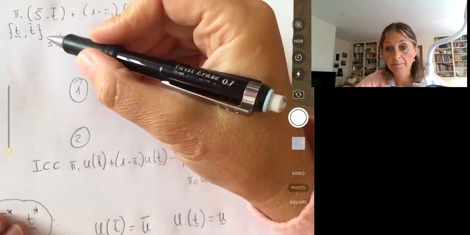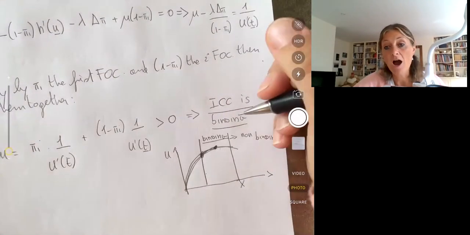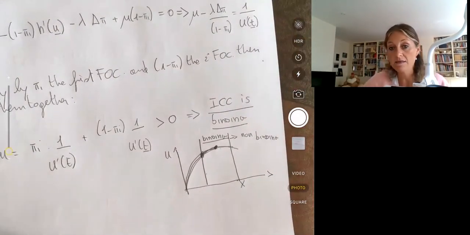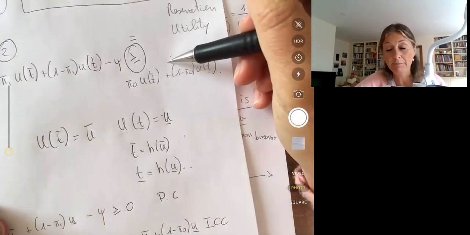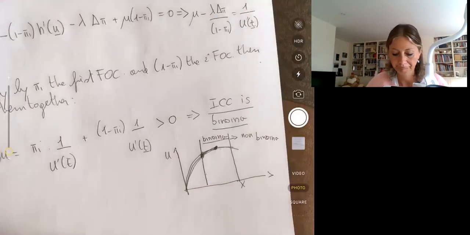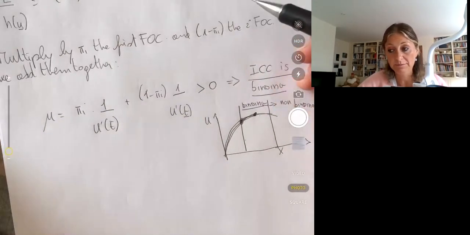Okay, so far we have proved that one of the two constraints, in particular the incentive compatibility constraint, is actually binding. Now we have to see what happens with the other multiplier.